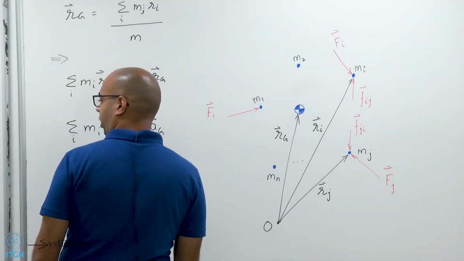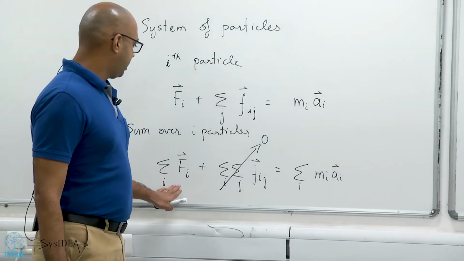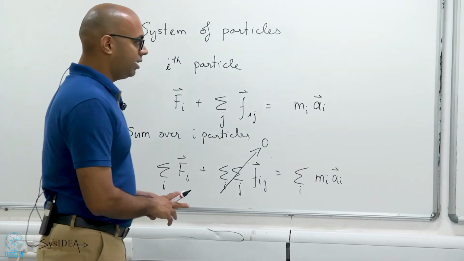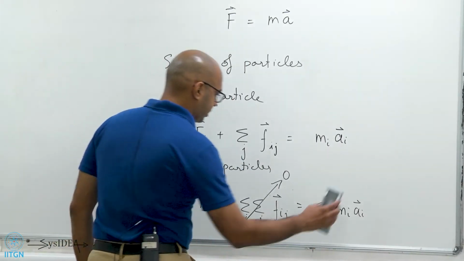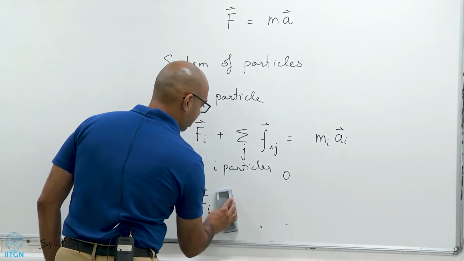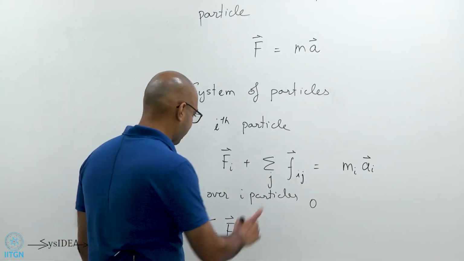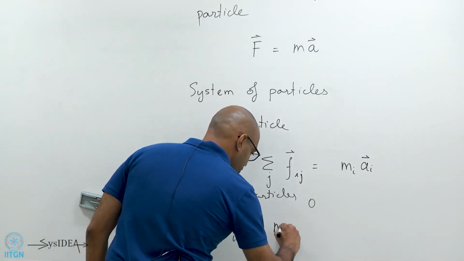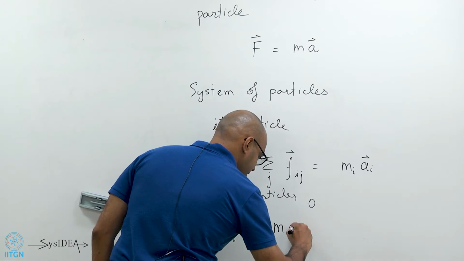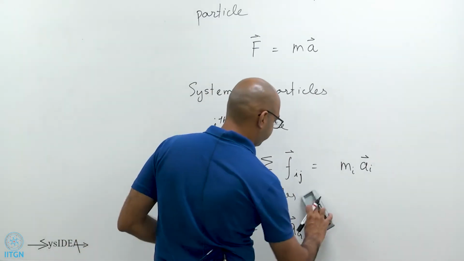Now, if we come back to our system of particles expression, we get something much simpler. The sum of all external forces acting on the system of particles is equal to just the total mass of the system of particles times the acceleration of the center of gravity.